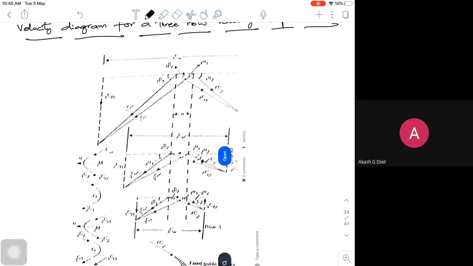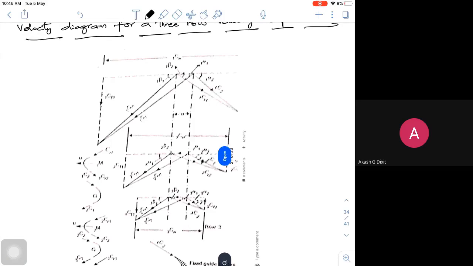Now look at this. If you closely observe, that is where we have a first stage. The fluid enters at some velocity.